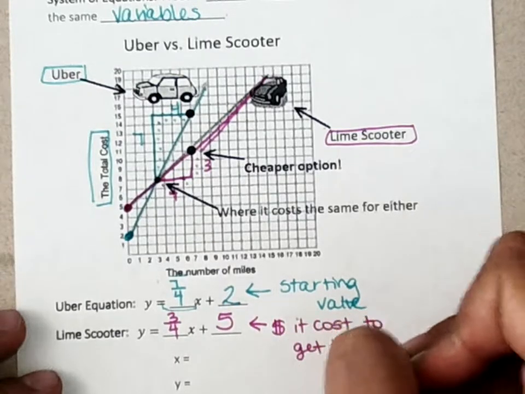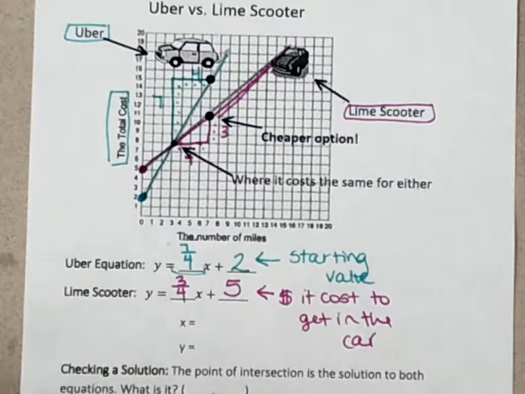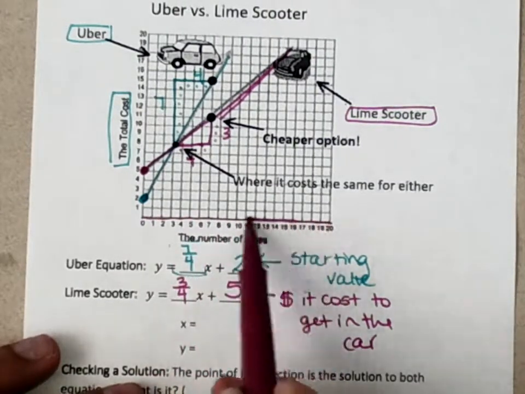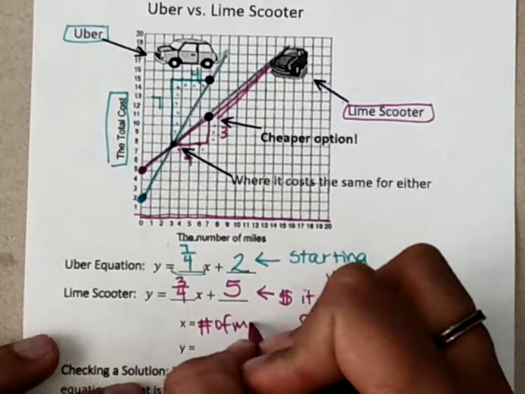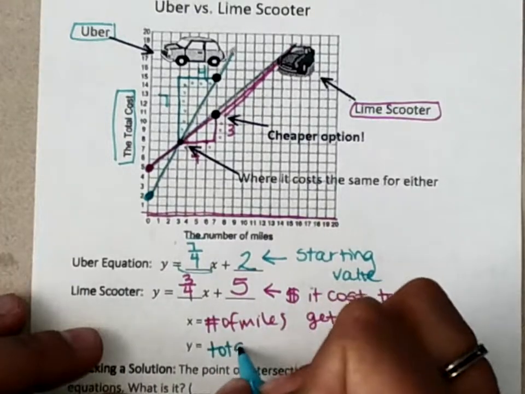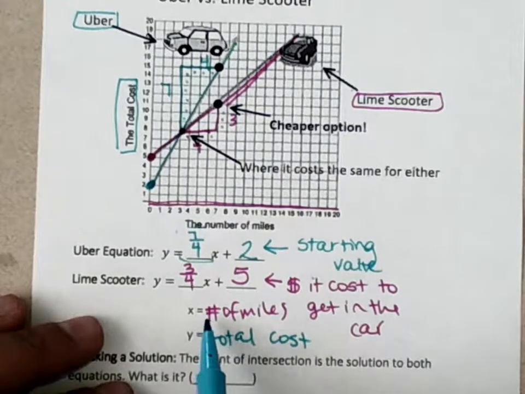Same thing. Or to start using the Lime Scooter, I should say. Now x, our x-axis, is our horizontal, is the number of miles. And y is our total cost. So we are comparing miles and cost.